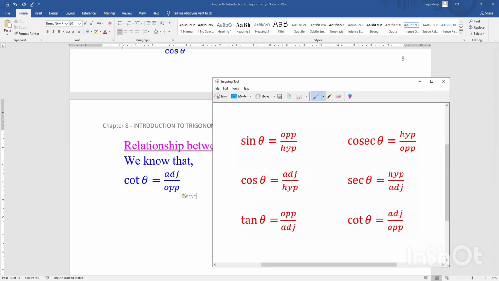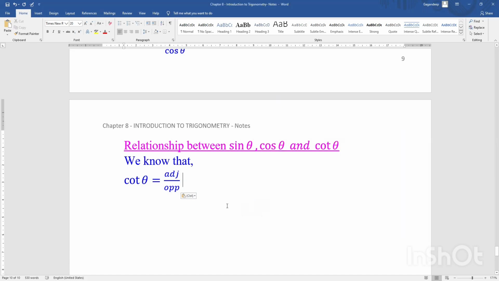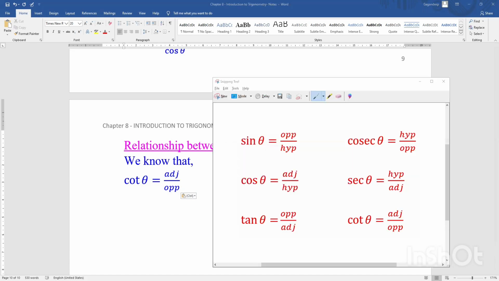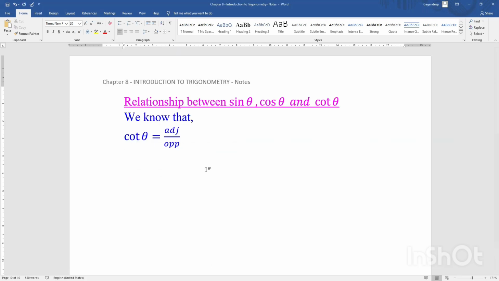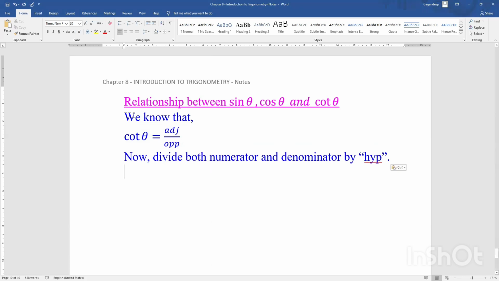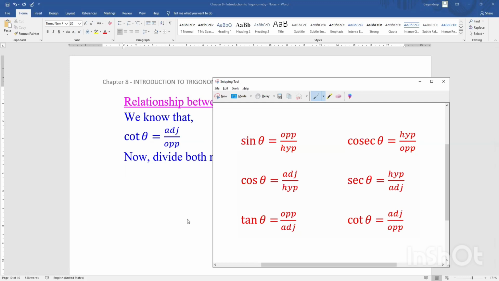Okay, see here, cot theta is adjacent by opposite. Now we are going to do the division here also again. So now I divide both numerator and denominator by hypotenuse. Okay, hypotenuse. Now see what happens. So when we divide it, we get like this.